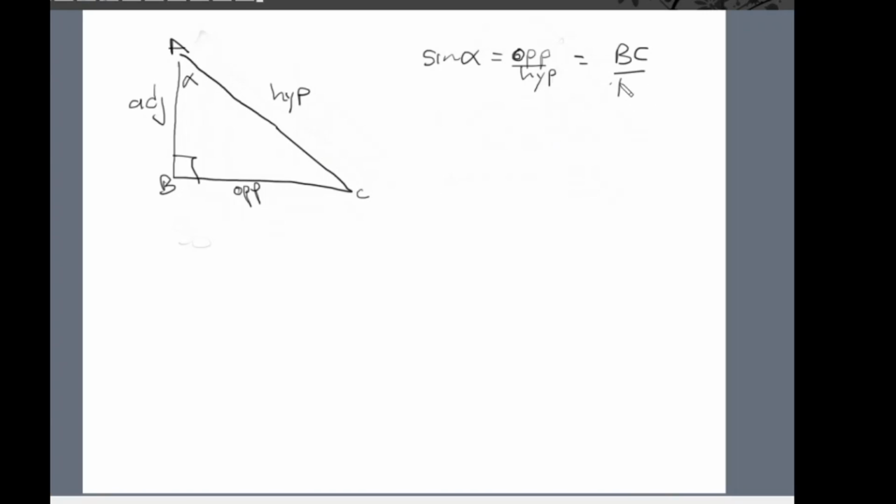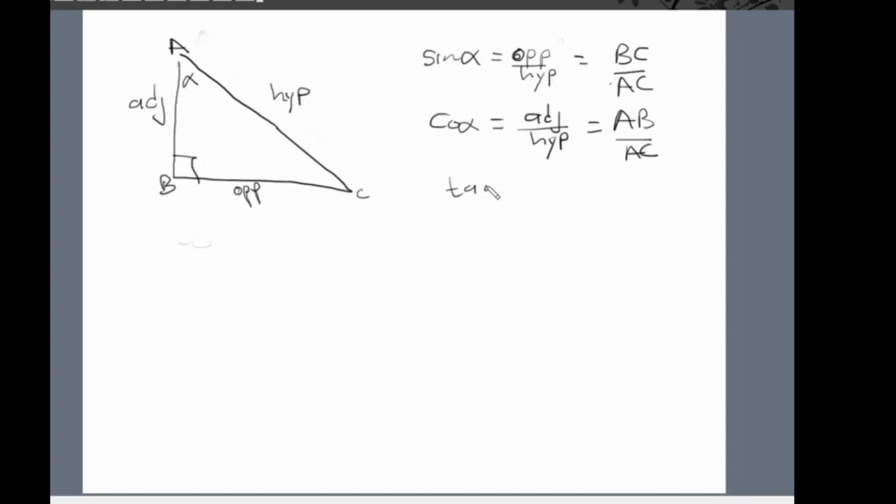Side AC is the hypotenuse. And then the ratio cos alpha is defined as the adjacent side divided by the hypotenuse. In this case, the adjacent side is AB and the hypotenuse is AC.